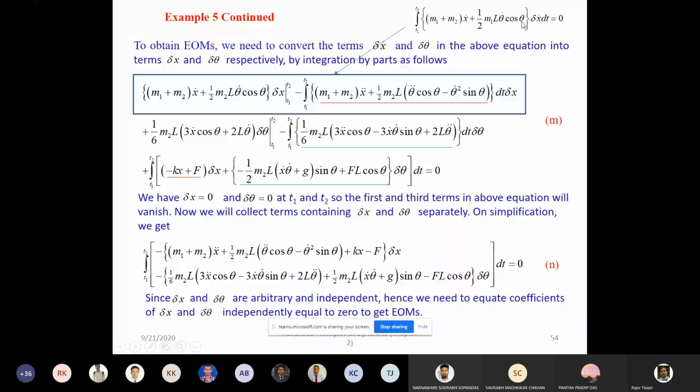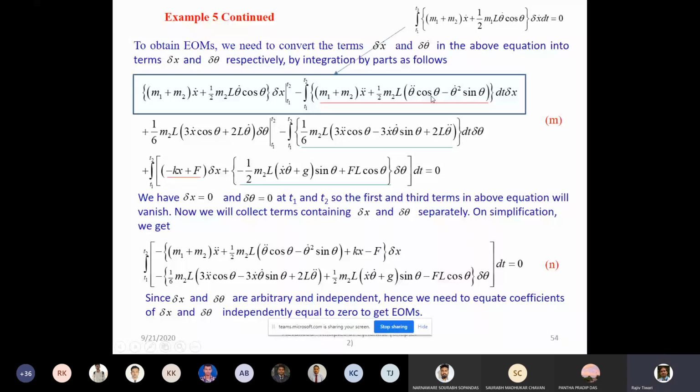So when we differentiate this, this will become x double dot. And here we have two terms of theta and cos theta. So when we differentiate, first will be theta double dot cos theta minus theta dot sine theta and then theta dot. So that's why there is minus theta dot square. So this is simple differentiation. So I think you can do it.